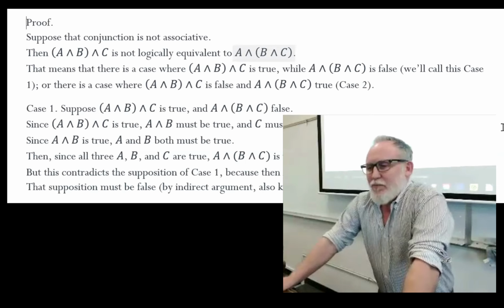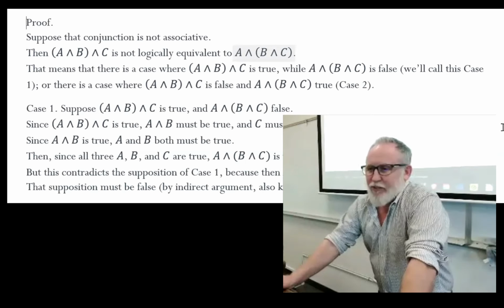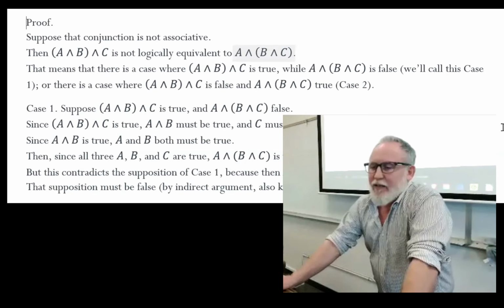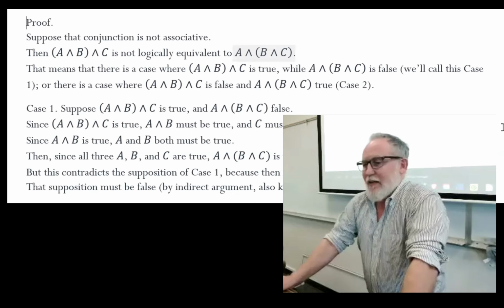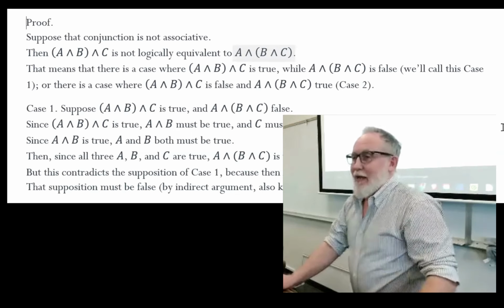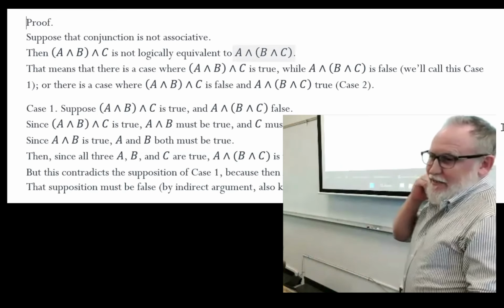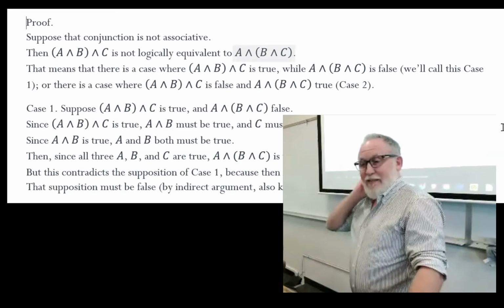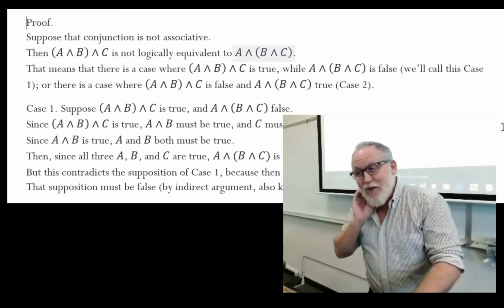Okay, so let's suppose the opposite of what we want to prove, that conjunction is not associative. Then both A and B and C is not logically equivalent to A and both B and C. That means that there's a case where both A and B and C is true, while A and both B and C is false.